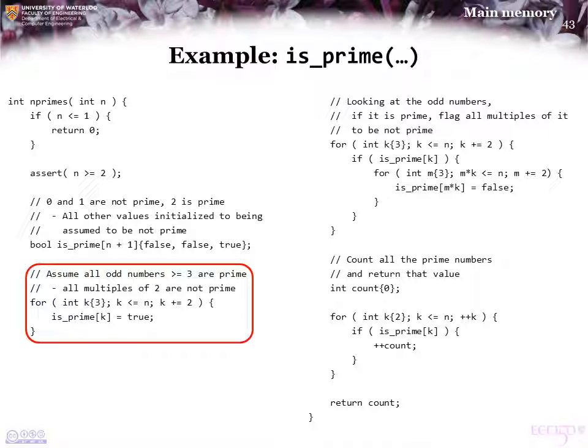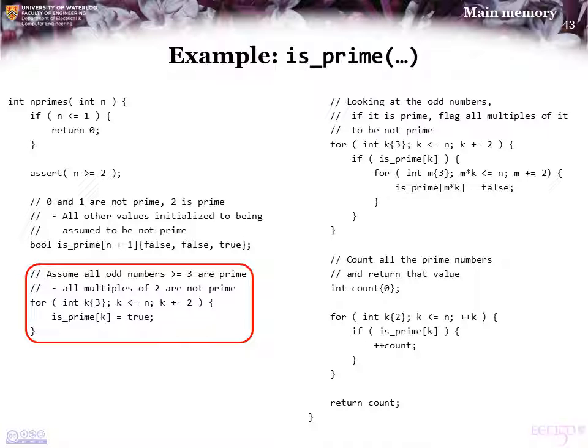Well, not all numbers are not prime, and so I'm going to reset all odd entries to be true, for odd entries of k being greater than or equal to 3. So this will set the assumption that 3, 5, 7, 9, 11, 13, and subsequent odd numbers are all prime.